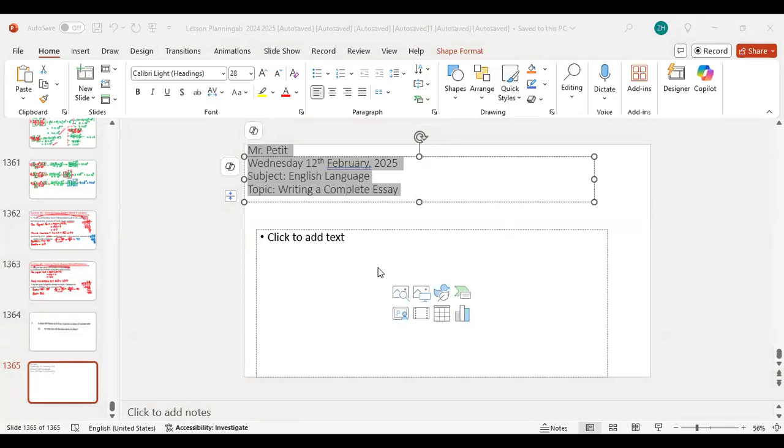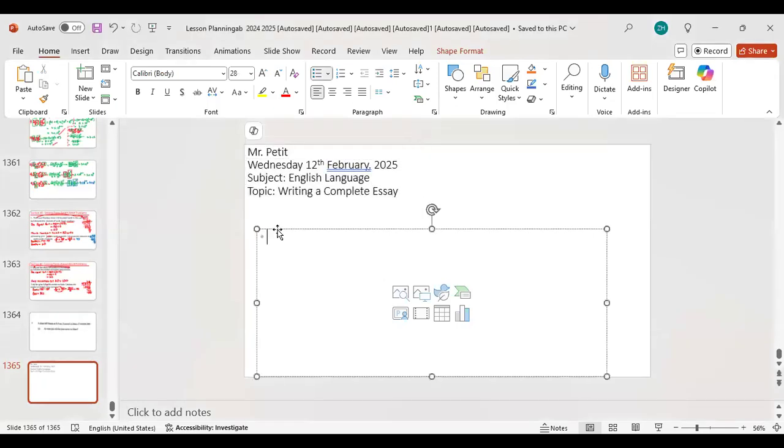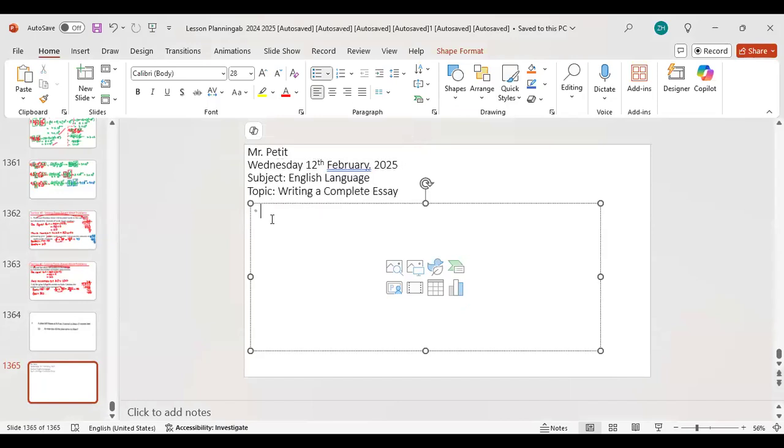So first we're going to do the outline. A good essay always starts with a good plan, right?